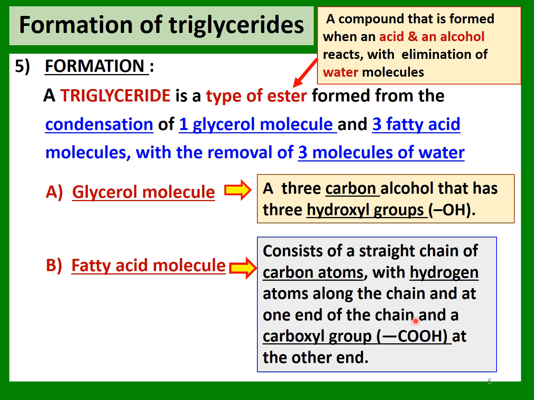The other end of the chain has a carboxyl group, COOH, and these 3 parts, carbon, hydrogen, and carboxyl group, make up the fatty acid molecule. Let's go further into the structure of glycerol, fatty acid, and triglycerides.